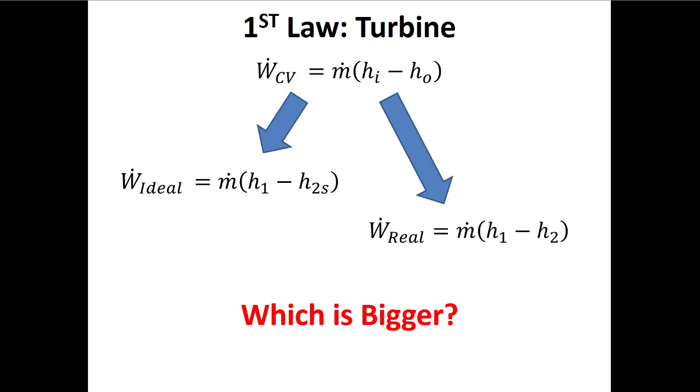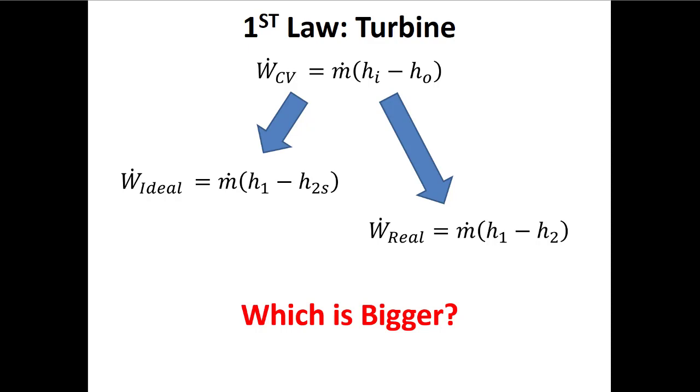So now, I want to have my isentropic efficiency be the ratio of these two things. But I also want my isentropic efficiency to be less than 100% or less than 1. So I got to ask myself, which of these two terms is bigger? So which of these two terms should be in my denominator?